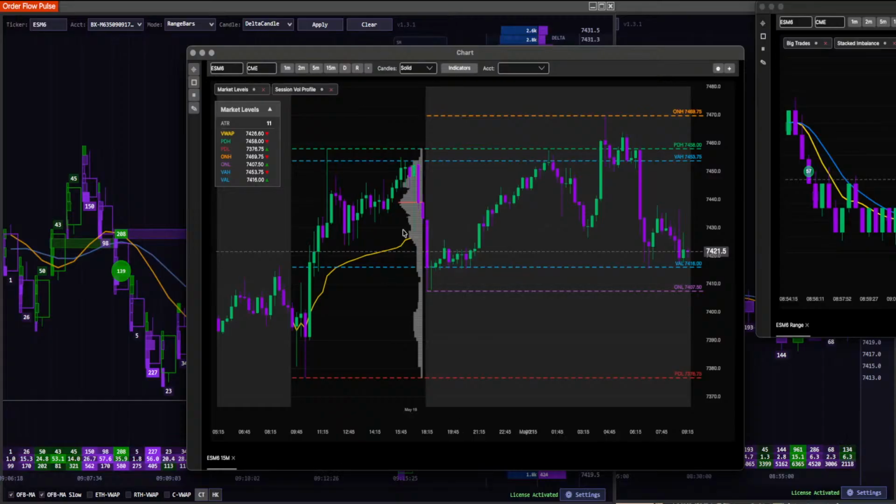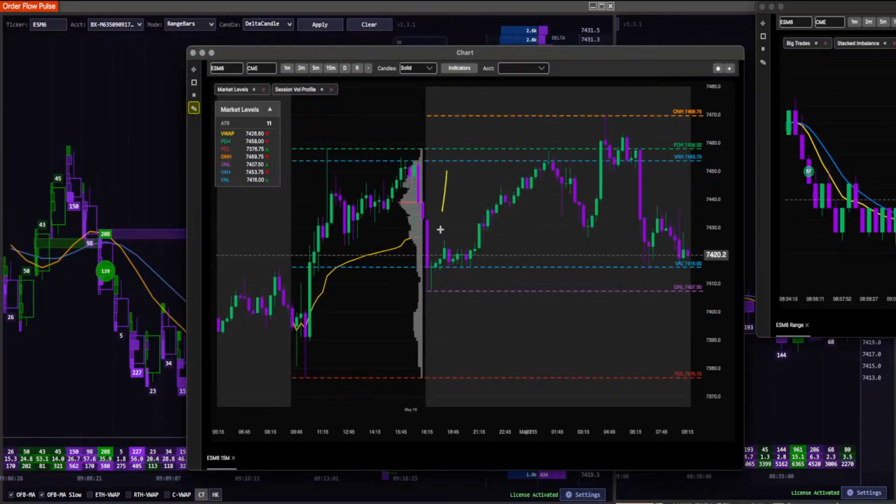So yesterday we had a nice P-shaped profile. A P-shaped profile is like a P shape, it just kind of goes around into a P. I got to fix that drawing on my platform. It works on an order flow bar, but it has a nice little distribution of volume up top and then a thin tail.